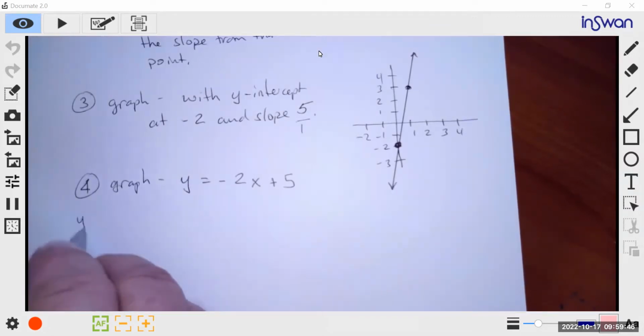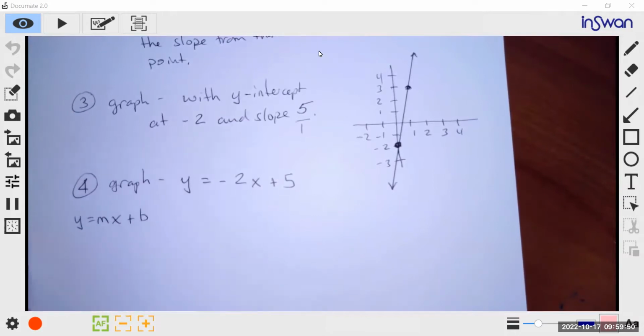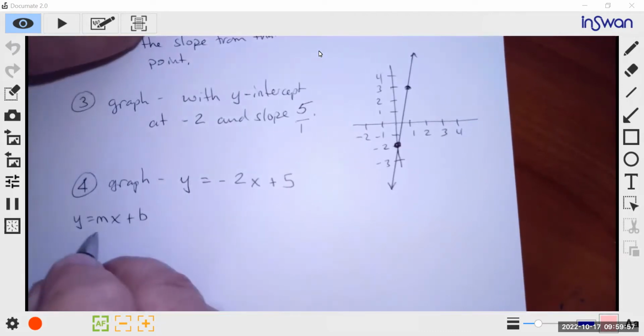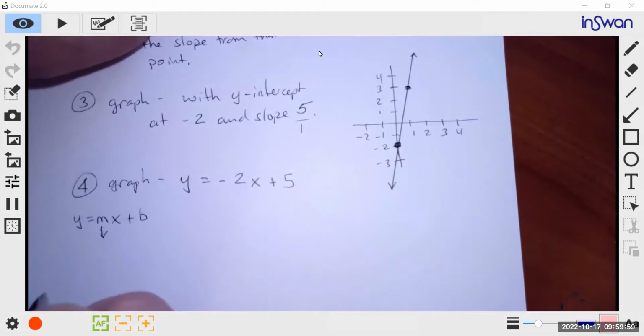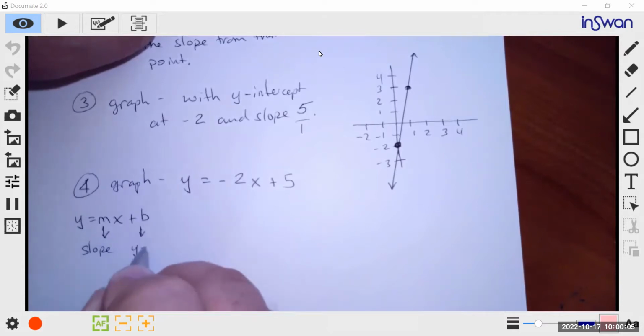This equation is in the form y equals mx plus b, which is the slope-intercept form. What does m stand for? The slope. What does b represent? The y-intercept.